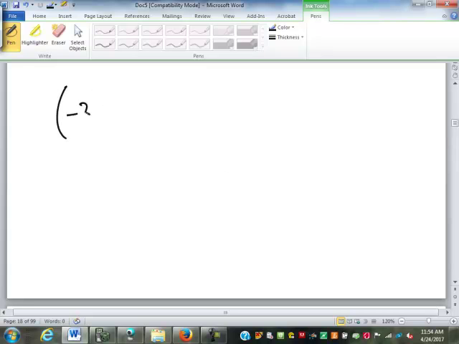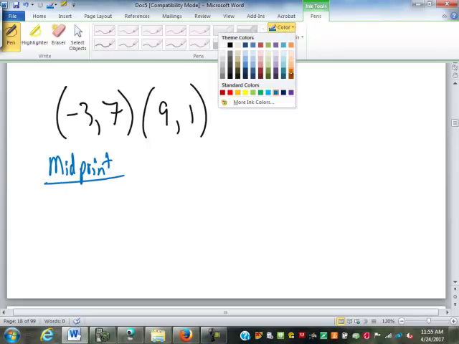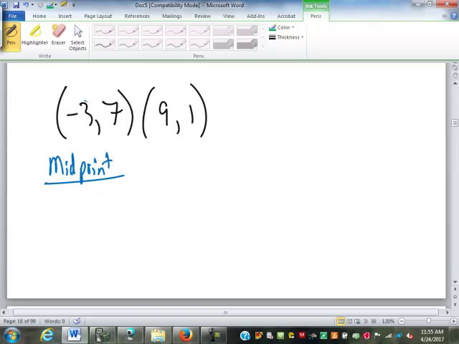So if I give you like -3, 7, and 9, 1 as my 2 points. To find the midpoint, again, I'm going to average together the x-coordinates to find the x-coordinate. So for x, I have -3 and 9.